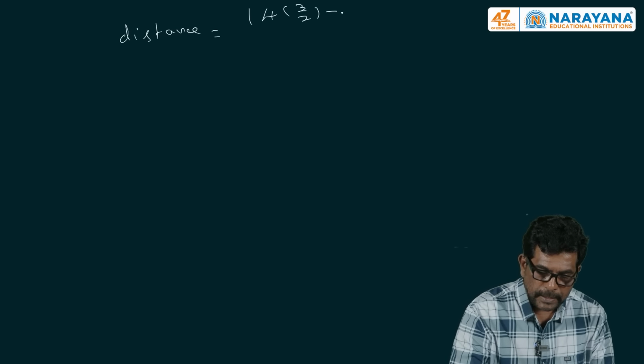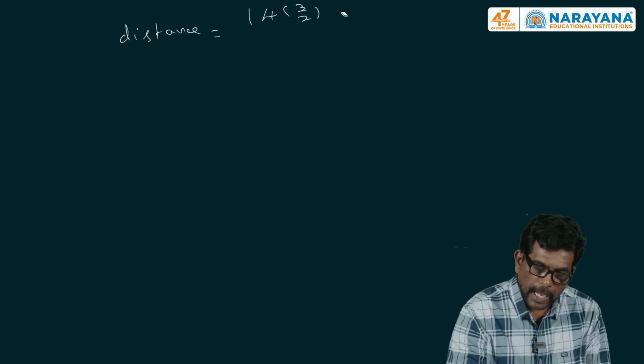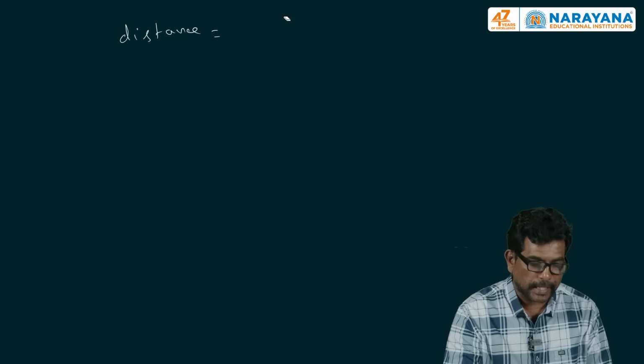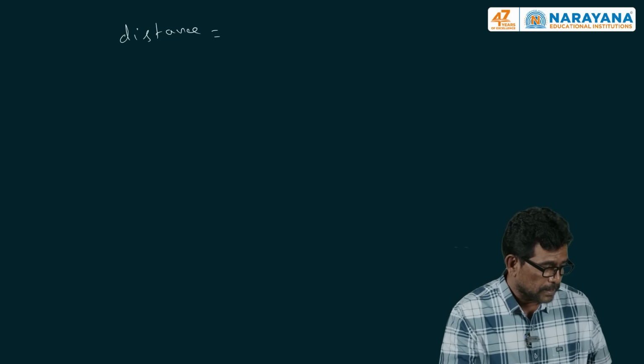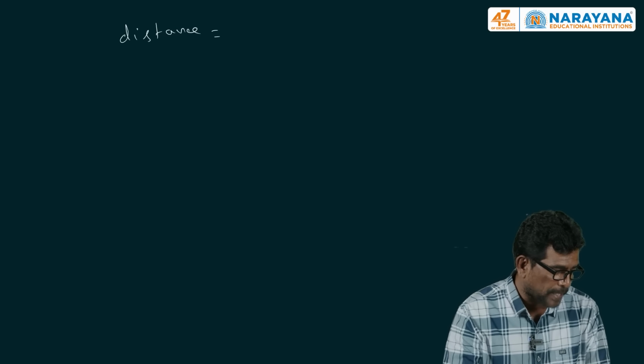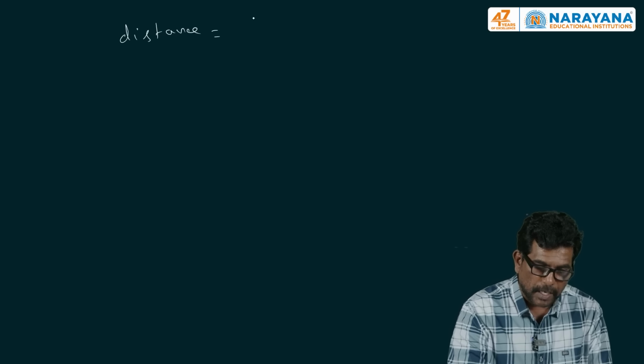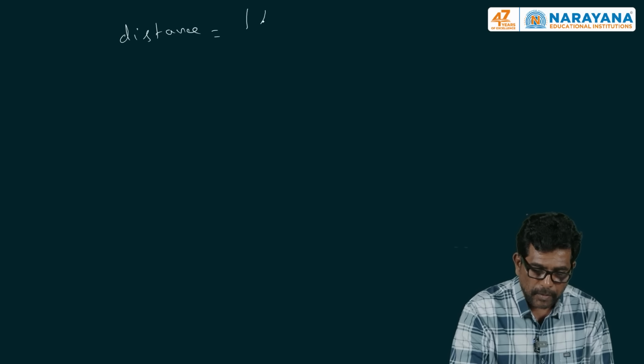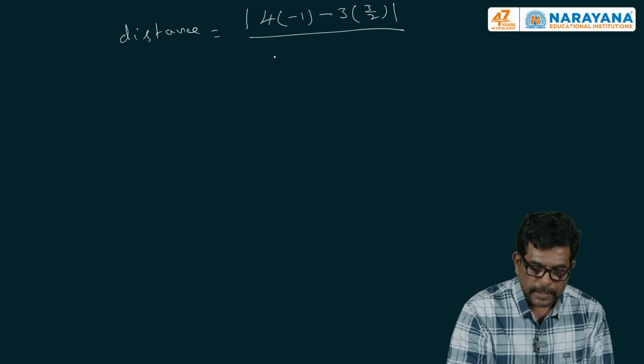Here they are asking the distance not from the center, they asked the distance from the point (-1, 3/2). That's why mod of 4 times the x coordinate, which is minus 1, minus 3 times 3/2, upon square root of 4 square plus (-3) whole square.